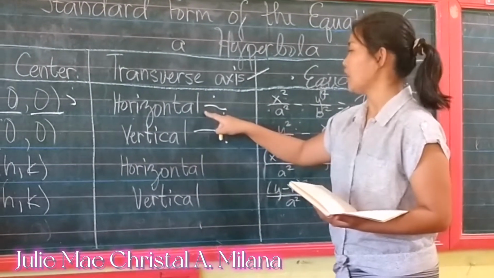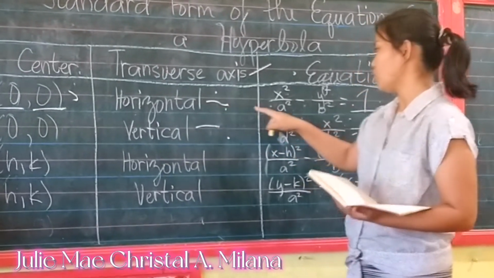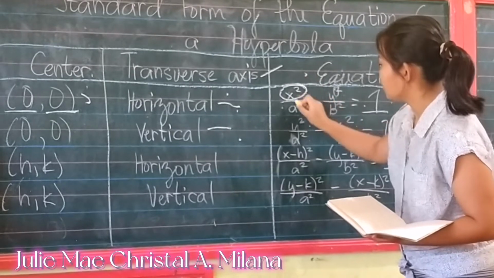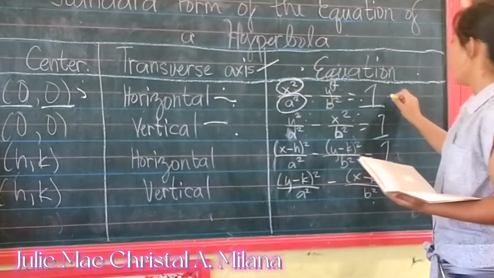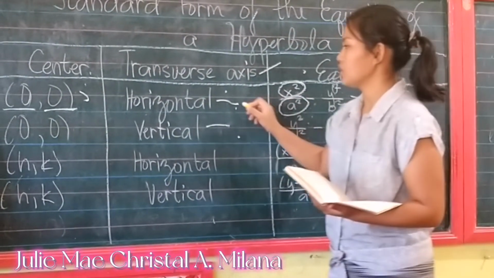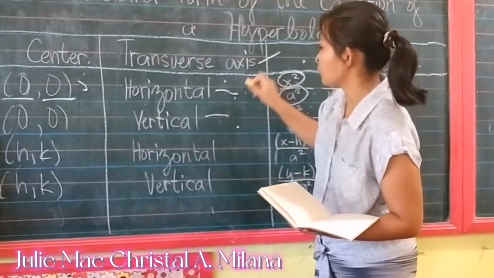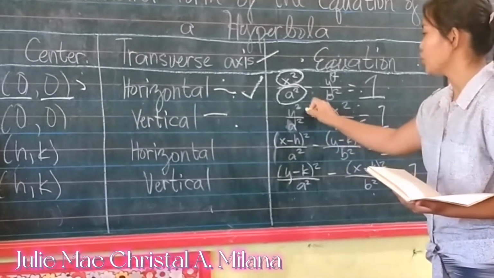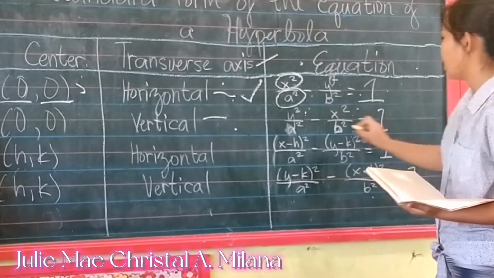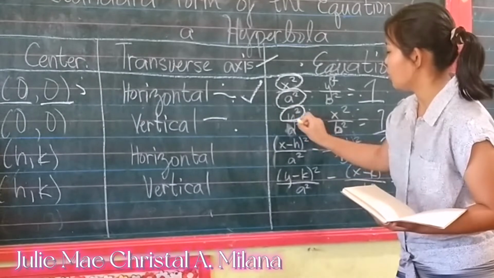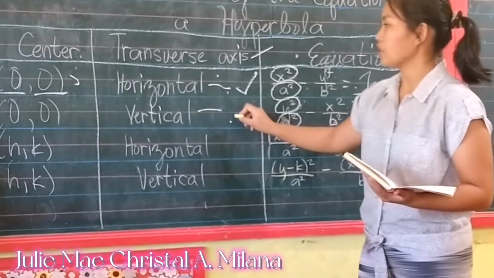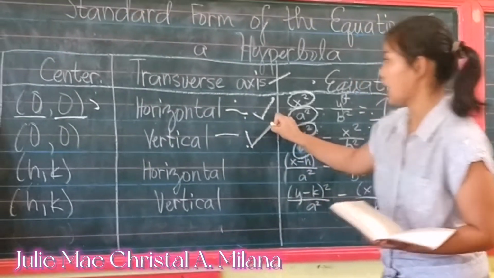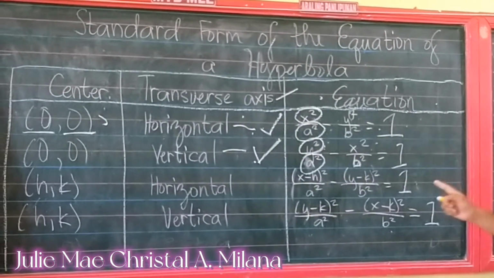If the equation starts with x squared over a squared, the center is 0, 0 and the transverse axis is horizontal. Then if the equation given starts with y squared over a squared, the center at 0, 0 has a vertical transverse axis.